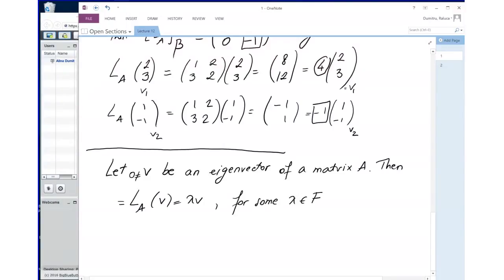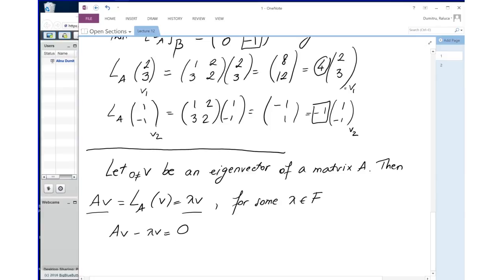All right, but L sub A of V, L sub A is just a tool in the end, because it's just multiplication by A, so we can turn this into a main kind of identity. So basically we have that A times V equals lambda V. Now if we move everything to the left, AV minus lambda V equals the 0 vector, right?